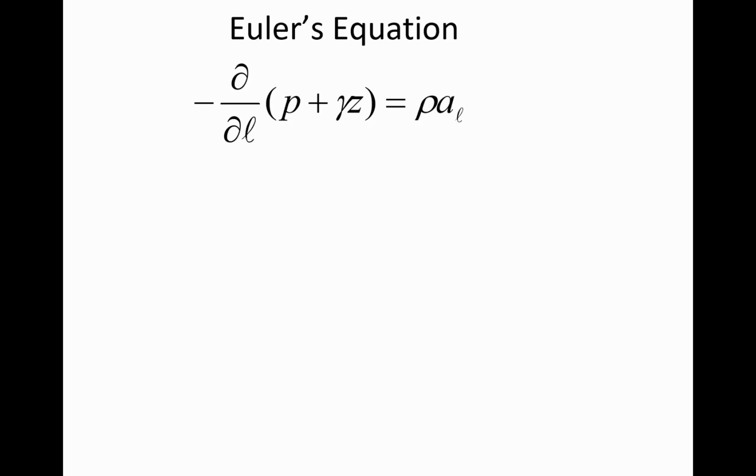What it's saying is that when you have acceleration in the L direction, that's over here on the right-hand side of the equation, fluid is accelerating along some path, then that acceleration is going to cause a change in the pressure plus gamma z. And you may remember from earlier in the semester that we talked about piezometric pressure. And that's what is inside of those parentheses: pressure plus gamma z is piezometric pressure.